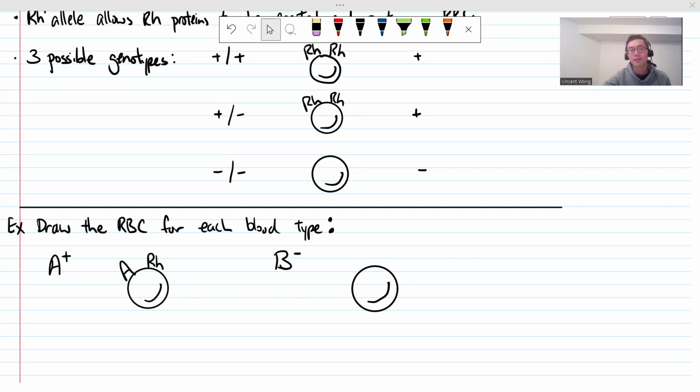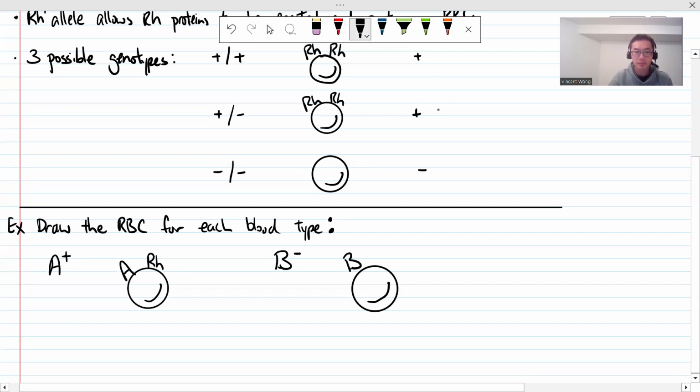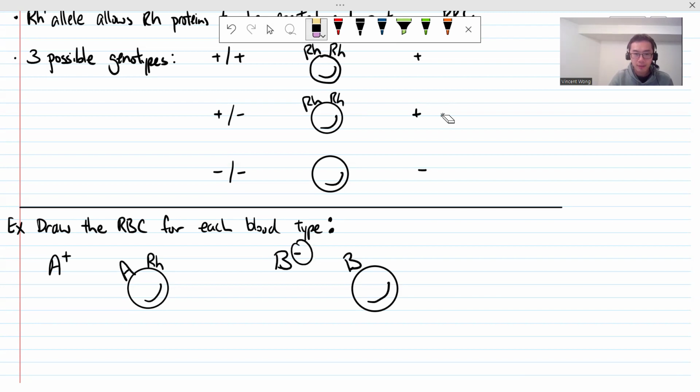Okay, let's do the alphabet first, okay? What's going to be on the surface? A, B, O. Which one is it? B. Yeah. Antigen. There's going to be B antigen, yeah. Any RH? No. No, because the person is negative, right? That's it.